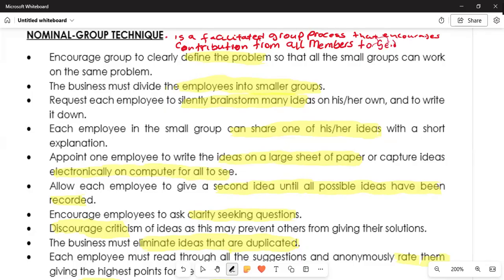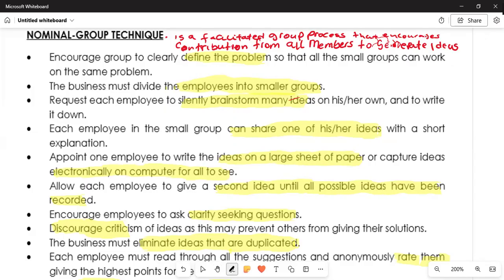From all members to generate ideas. That is what it means when you're talking about nominal group technique.